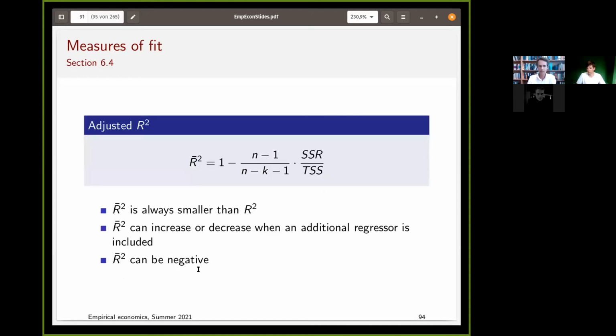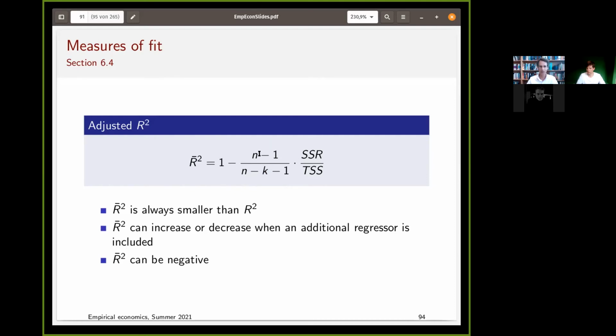All right, and that's the reason why we introduce an adjusted R squared. The adjusted R squared has one additional term in front of the sum of squared residuals over total sum of squares. And this term here also includes the number of regressors. So the fraction in front of the term we are already used to, is it larger or smaller?